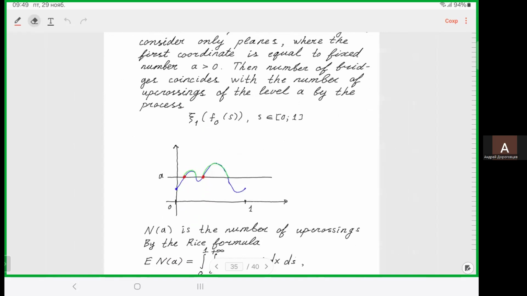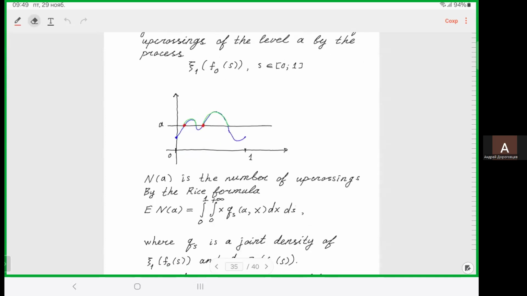Then the number of bridges coincides with the number of upcrossings of the level A by the process psi1. Yeah, you see, the green lines are the bridges over the level A, and the red points are the points of upcrossing. But for the number of upcrossings, we have a very nice Rice formula.